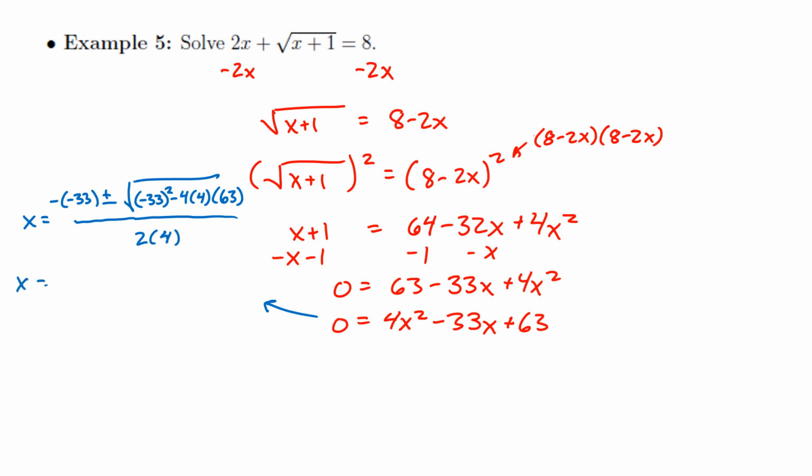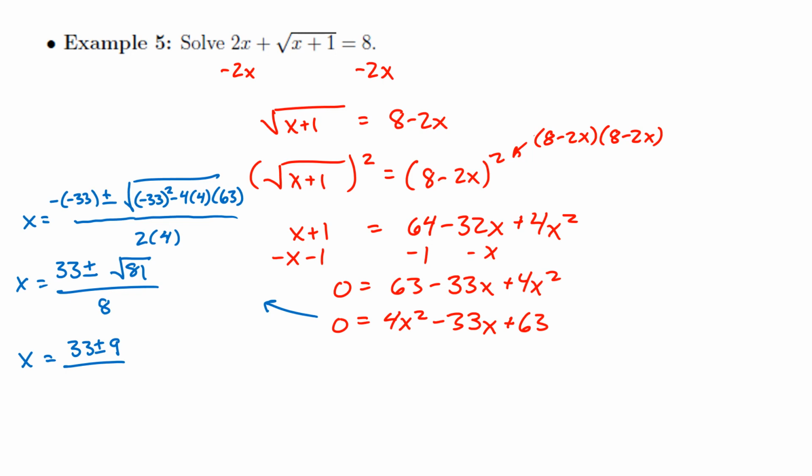Let's see how all this comes out, right? 33 plus or minus, and we've got a big mess in there, so if I take -33 squared minus 4 times 63, I end up with 81 inside that square root, which is actually great news because square root of 81 is 9.